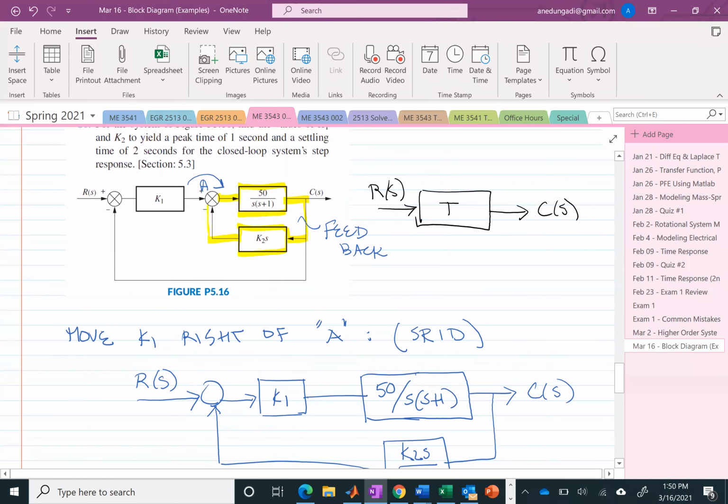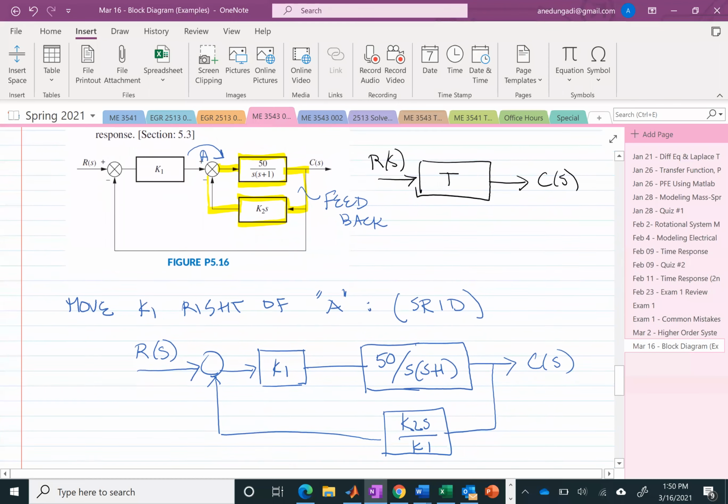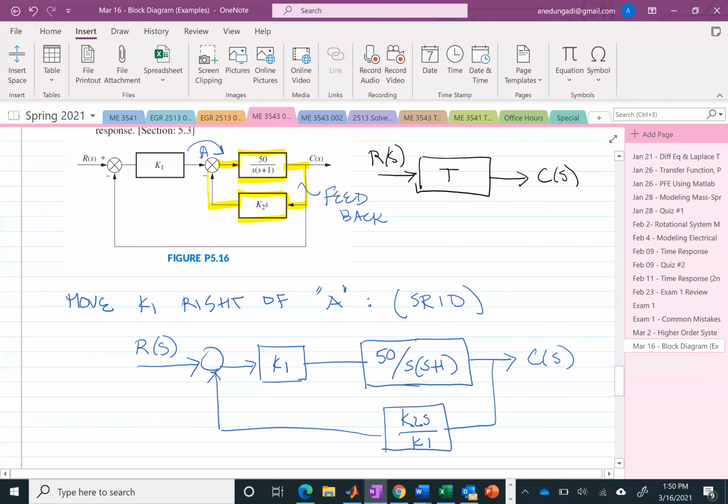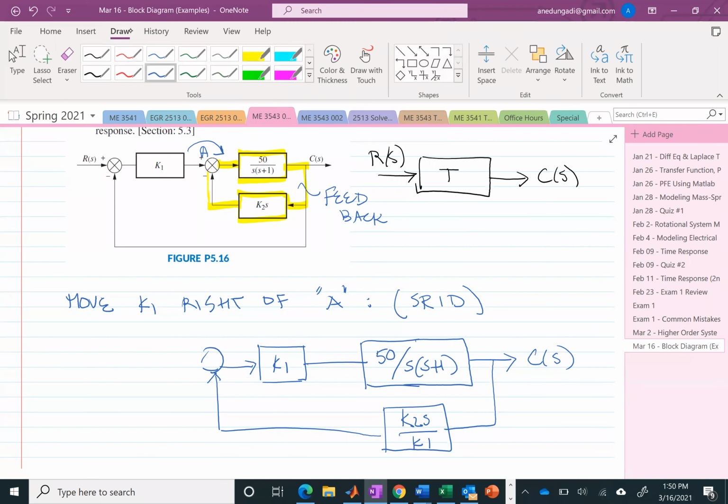Do you all agree? Wait a minute. No, hold on. That's not quite right. I have two summation blocks, right? So this is this summation block here.